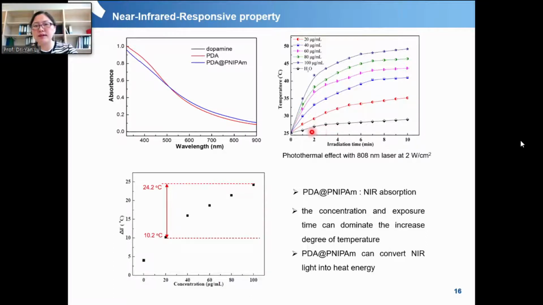From room temperature as a starting point, at the highest concentration, you can increase the system to more than 45 degrees Celsius. You can also redraw this in this graph. So you can increase the temperature by more than 25 degrees Celsius by simply changing the concentration of the particles. And in this case, you can really convert the light into heat.